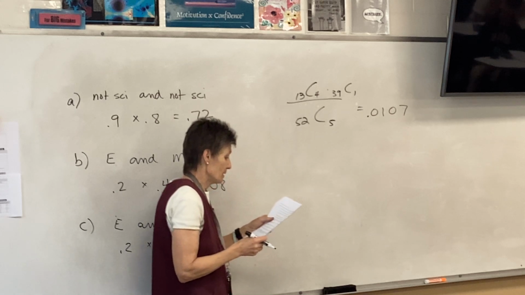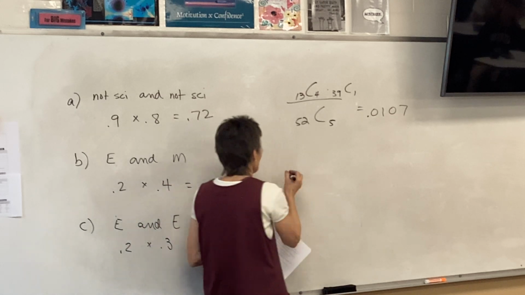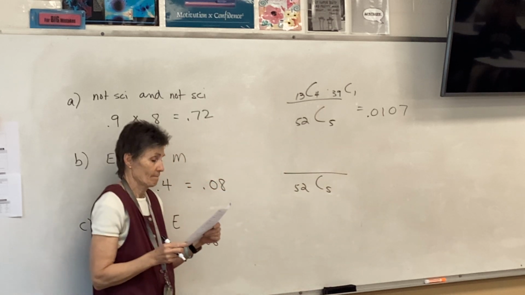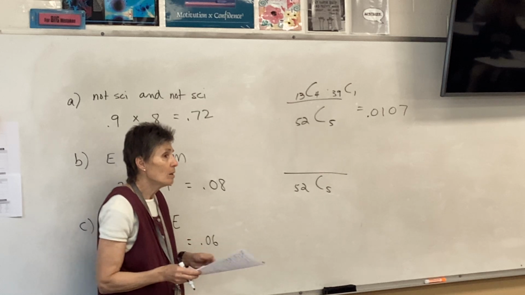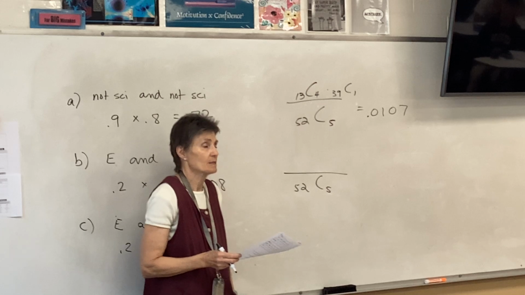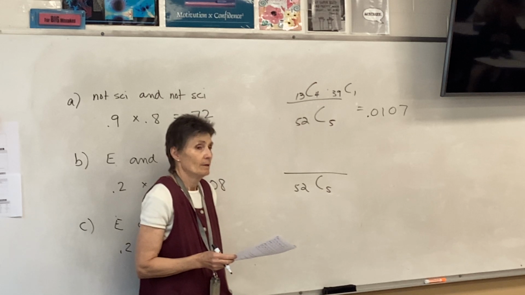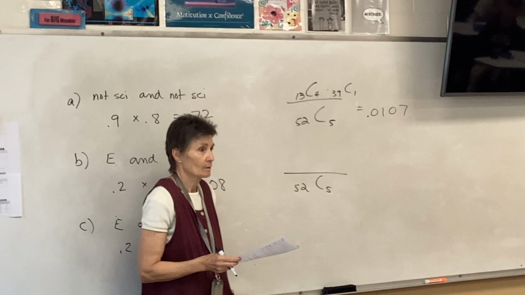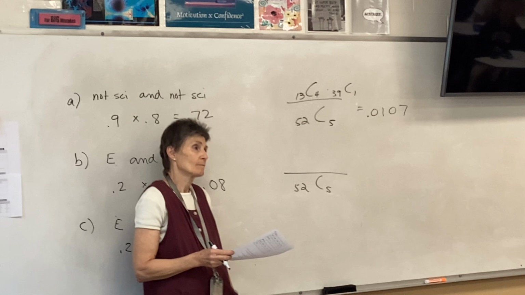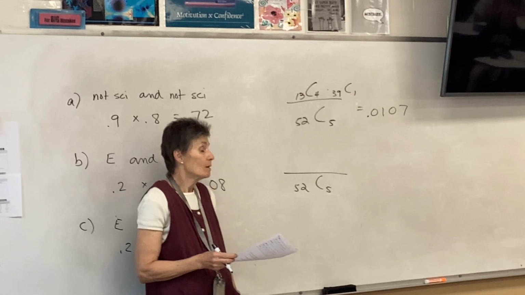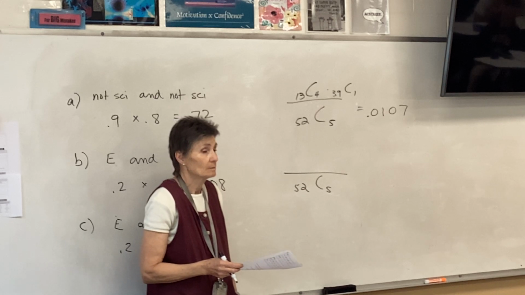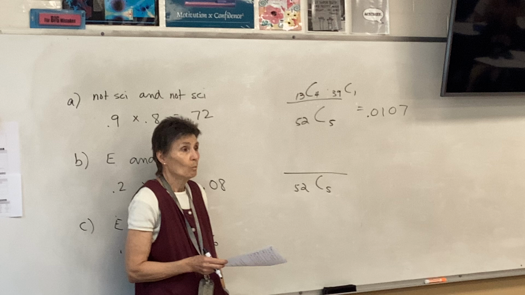All right. Number 5. Another 5-card hand. So 52C5. All face cards. What are face cards?